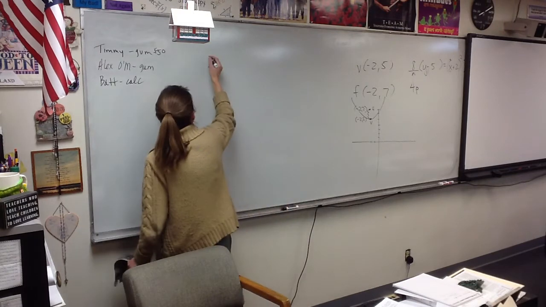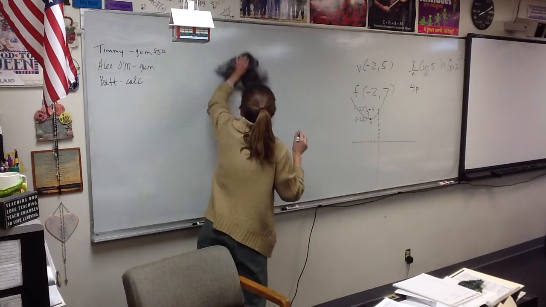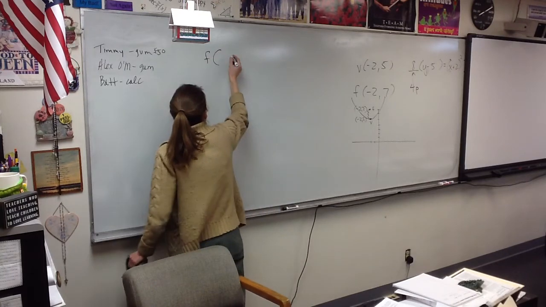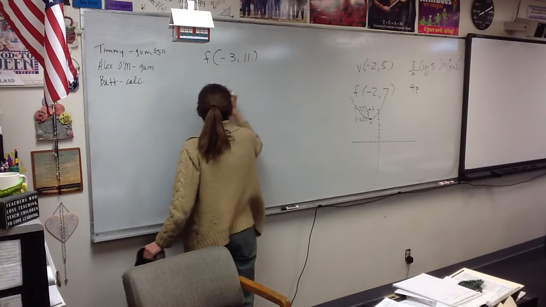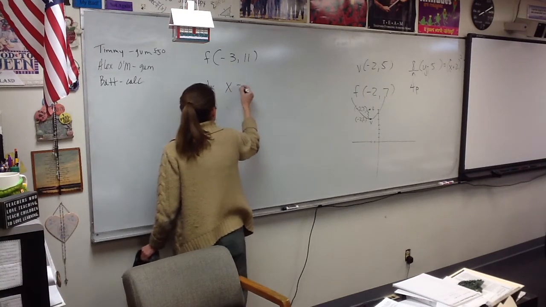Suppose I told you that the vertex, not the vertex, the focus was (-3, 11), and the directrix is the line where x equals 7.